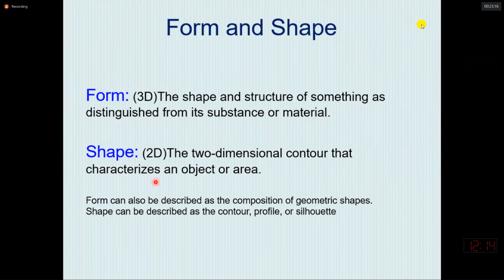So, form can also be described as a composition of geometric shapes in 3D version with length, width, and height, while a shape is just containing an area without the height.